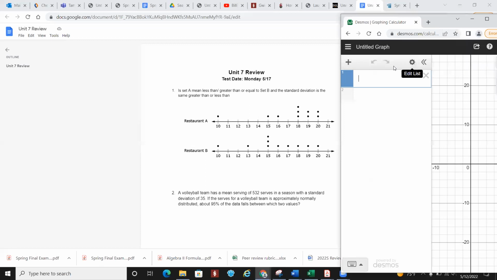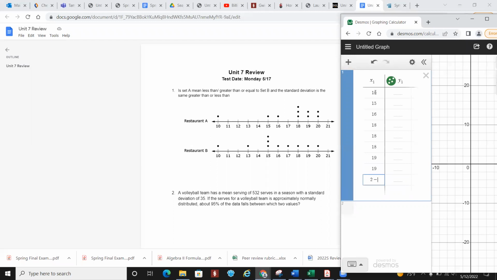Okay, so if I hit this little plus sign and I hit table, for X1, I'm going to type in all the numbers that I need. So I've got 10, 15, 16, 18, 18, 18, 19, 19, 20, 20.